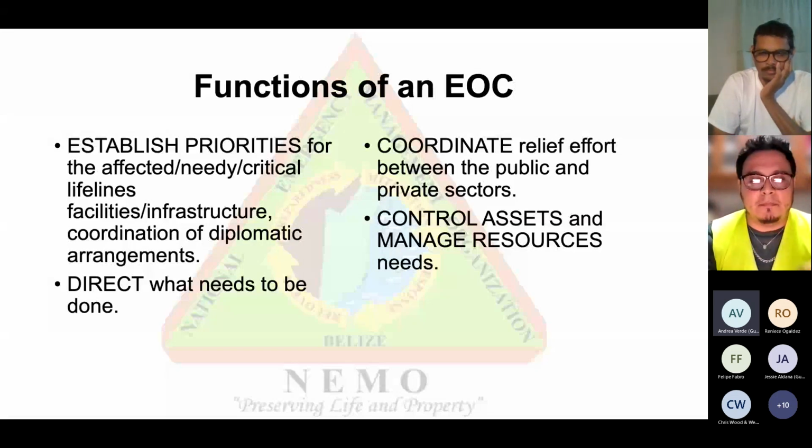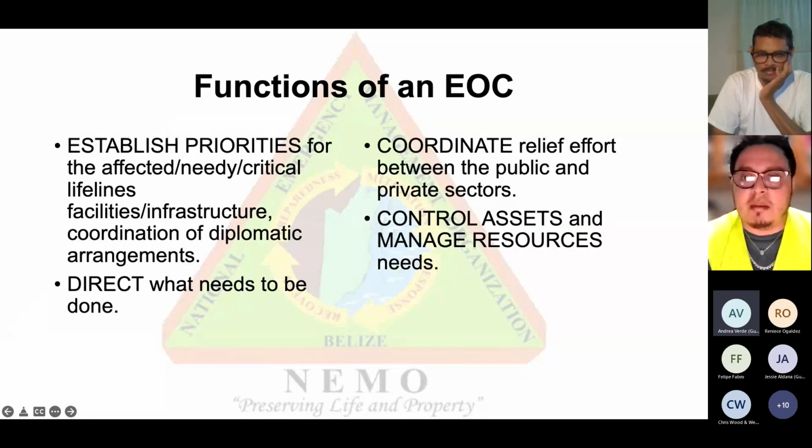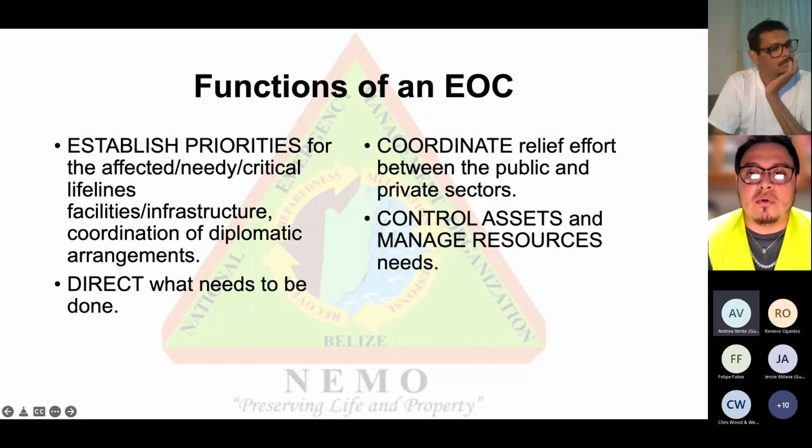Everybody will get the assistance if you're affected. Between the public and private sector, we also include business. We have business people that are close to NEMO. When it comes to activation, they get on board. Some of them help us and they do get assistance from us.